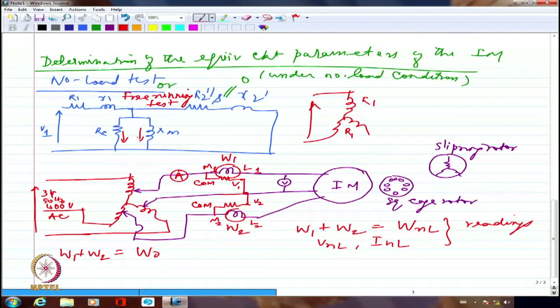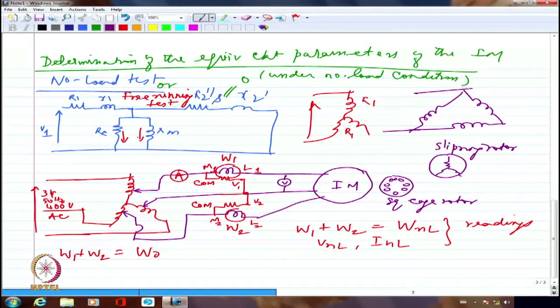If it is a delta connected induction motor, I will have R1 in parallel with 2R1. That's how it will be. So it is going to be 2 by 3 R1, because of which I should be able to calculate backwards the value of R1 from here.